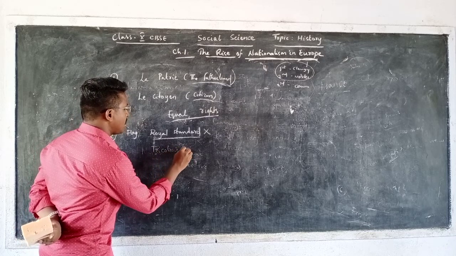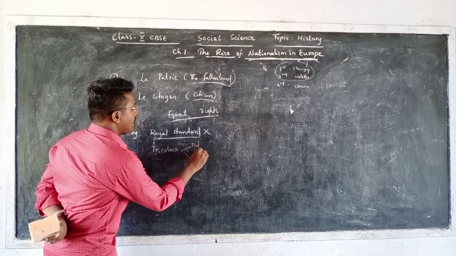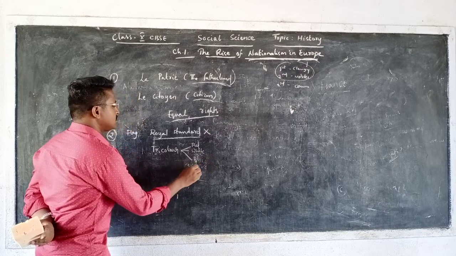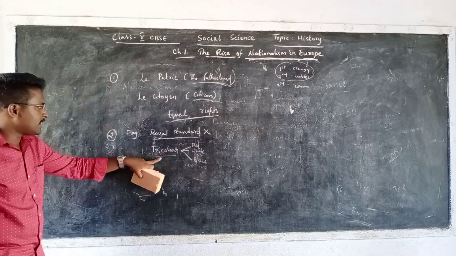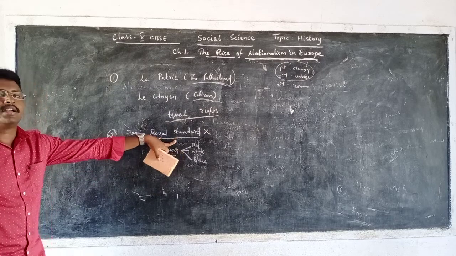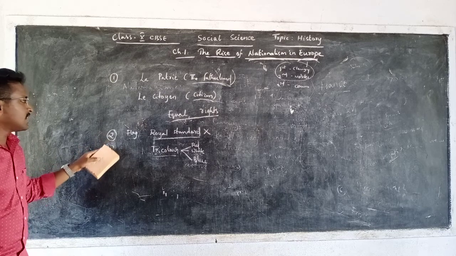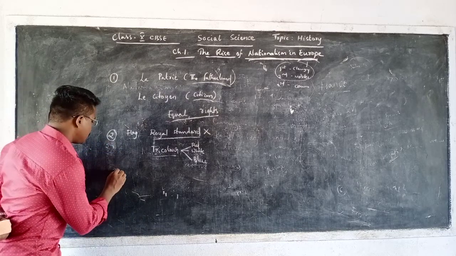And this tricolor flag, as you all know, consists of red, white and blue. So this is the second way it created a sense of unity among French people.